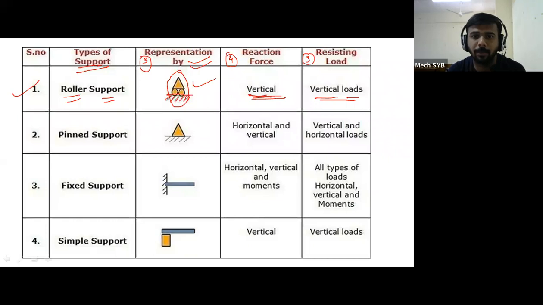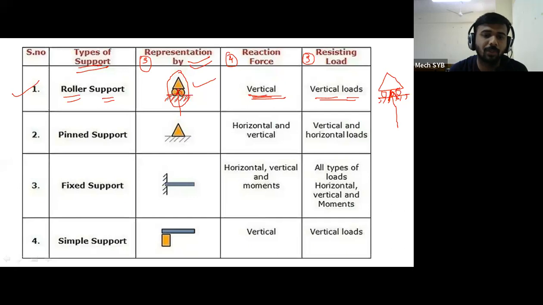Normal or perpendicular to surface means if I convert this roller support in the form of a reaction, it becomes like this. This is the roller support, or I will draw a separate figure here, you can see. So this is the roller support, and this is the fixed side at the bottom. If this is the roller support, then it has only one reaction, which is normal or perpendicular to the surface.